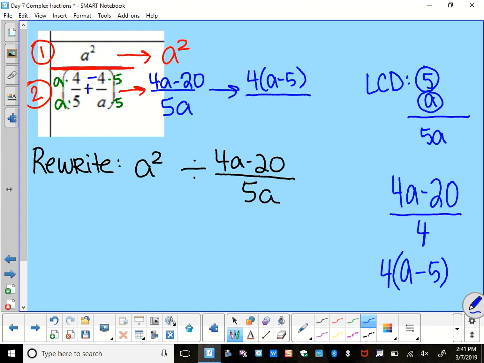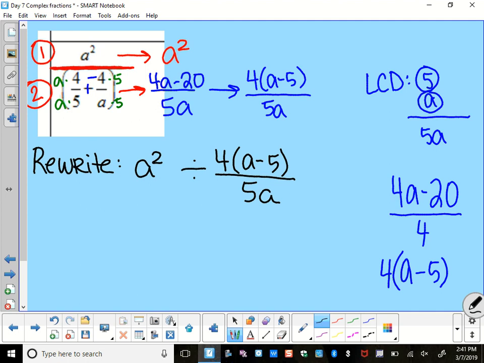I think that's one of the hard parts of this lesson, trying to simplify your numerator as best you can. Even I forgot to do it until I rewrote it. So we should have divided by 4 times a minus 5. This a squared should really be over what?